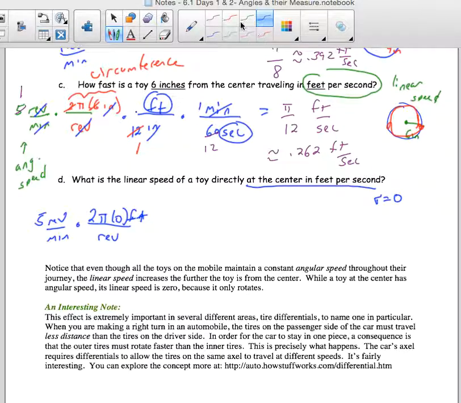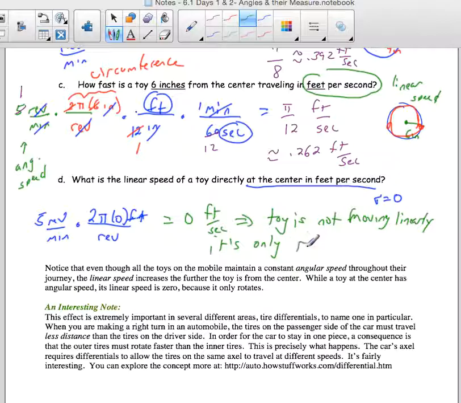Right? And that means that our result is going to turn out to be 0. So it's going to be 0 feet per second because the toy is not moving linearly. It's only rotating. So it only has angular speed, but no linear speed.